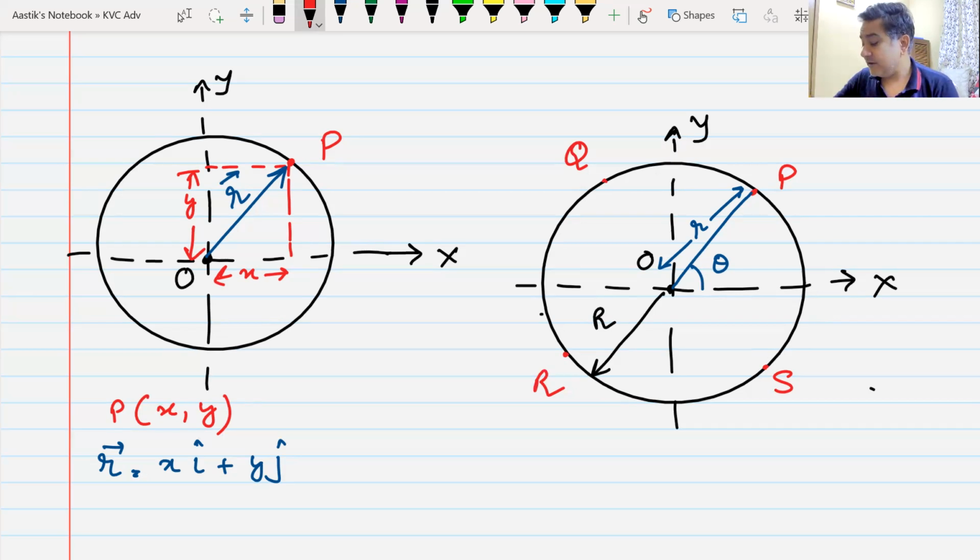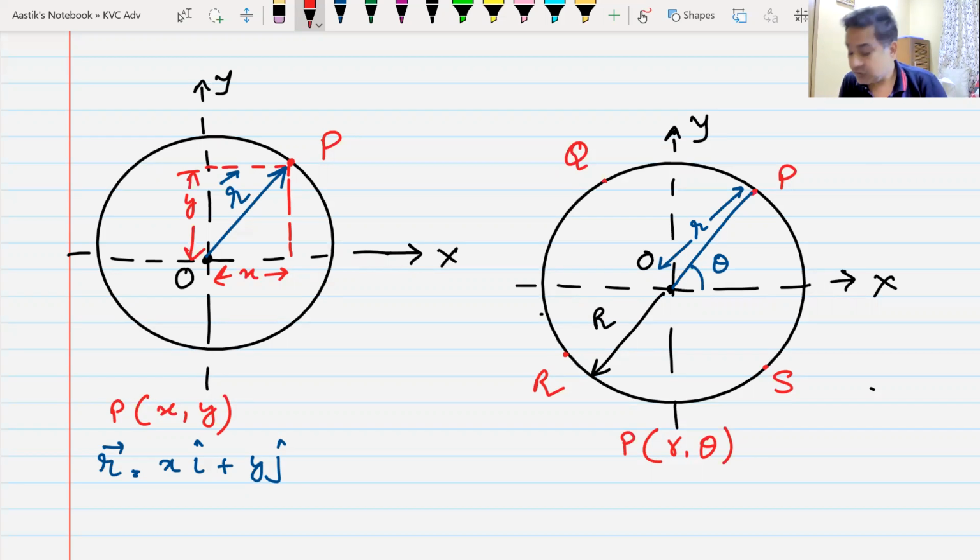I can tell you the position of this point in a different way. To tell you the position of this point, I can tell you the radius of the circle, and I can just tell you this angle theta. Now, if I tell you in this way, r is going to be the same for all the points. The only thing that will change will be theta.